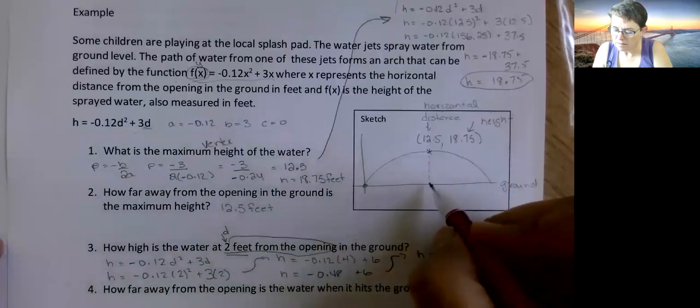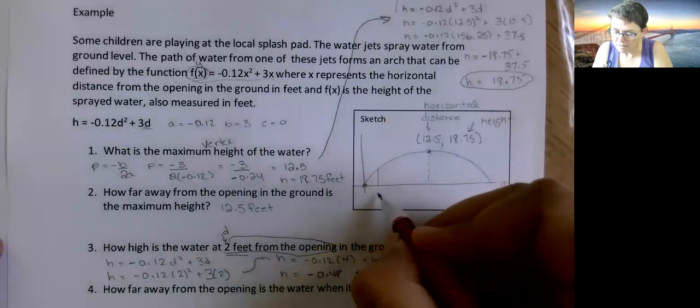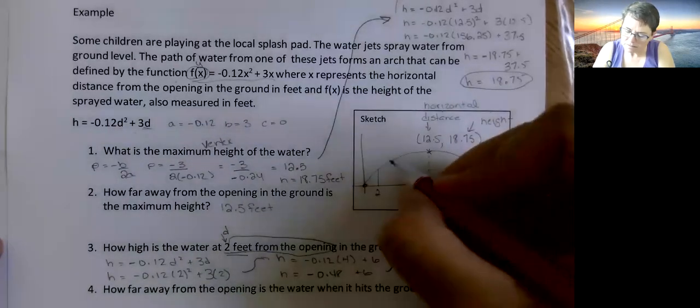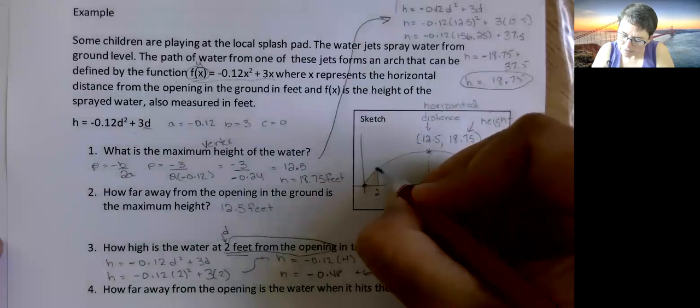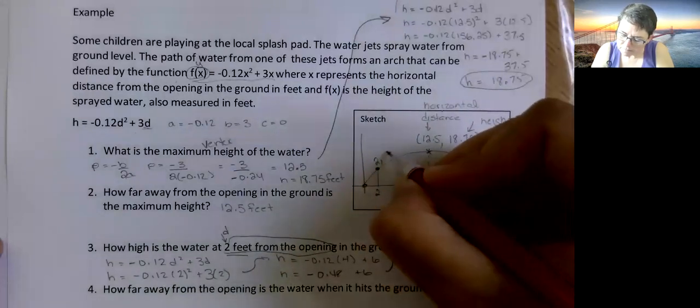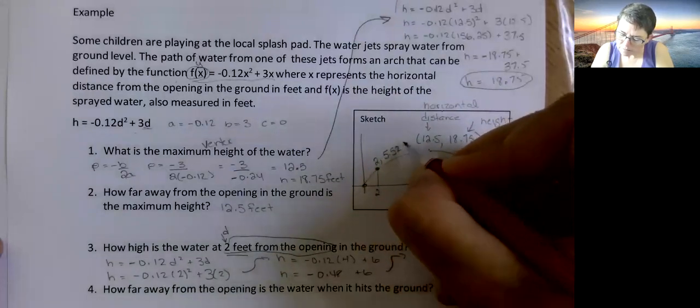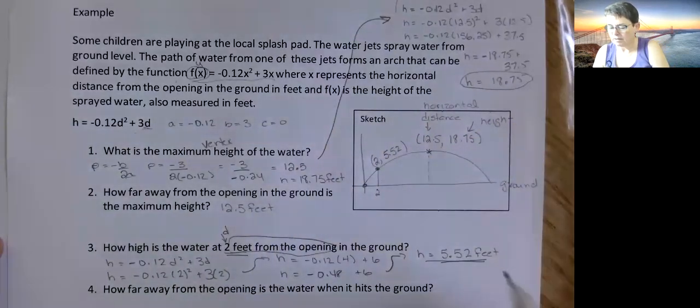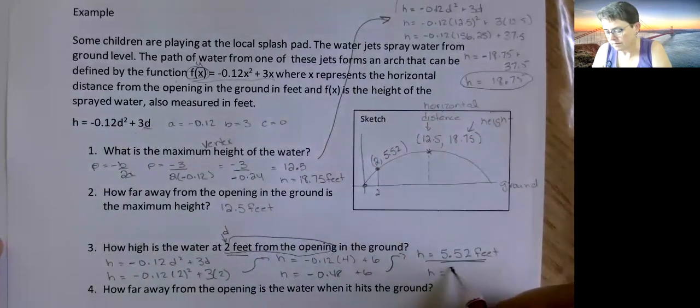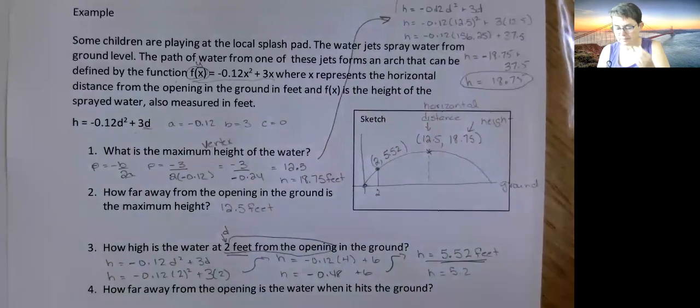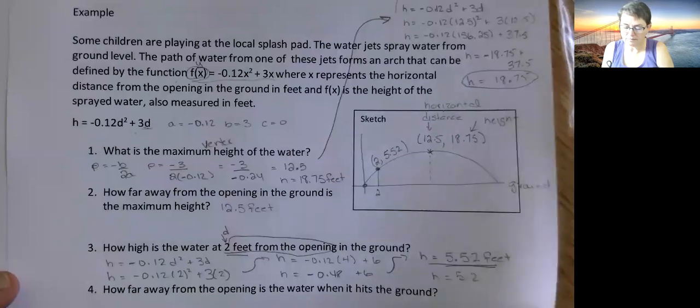So at 2 feet, this point is 2 and 5.52. We can probably just say height is equal to 5.5, we can round.